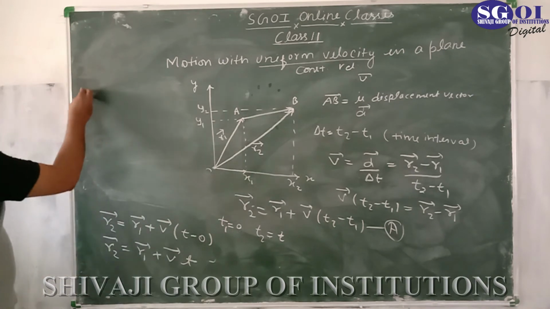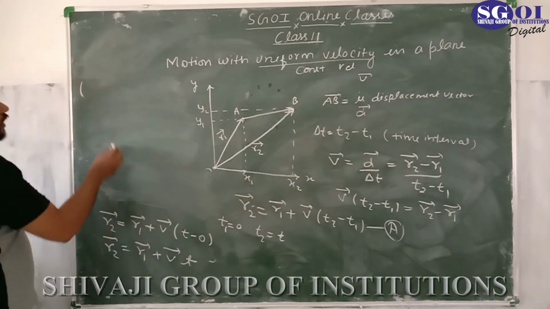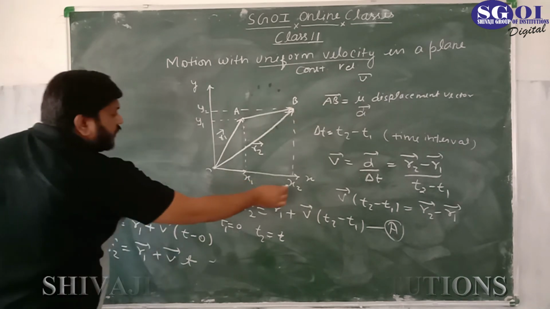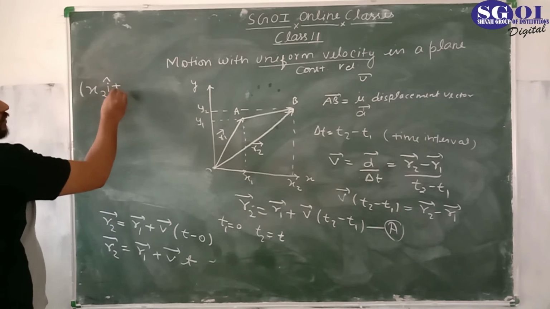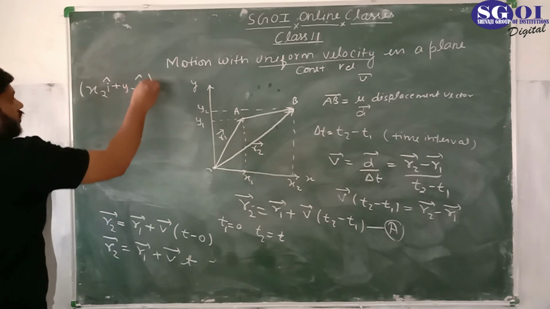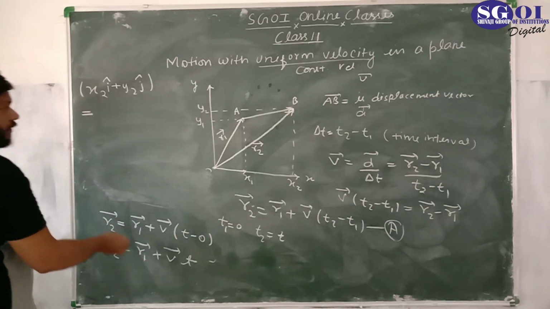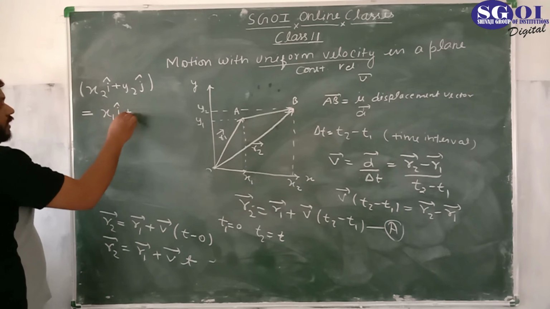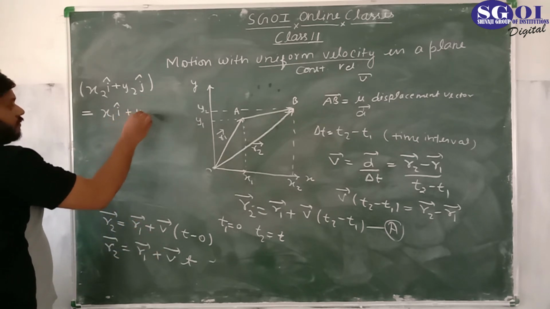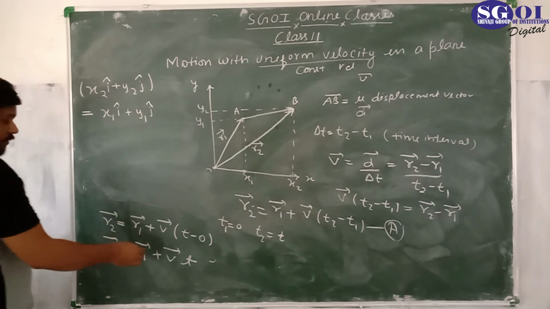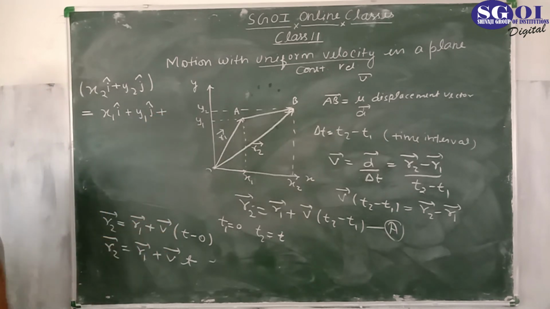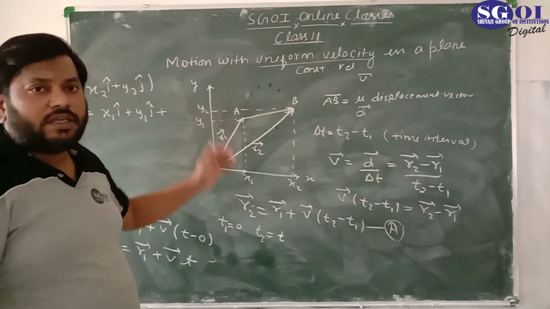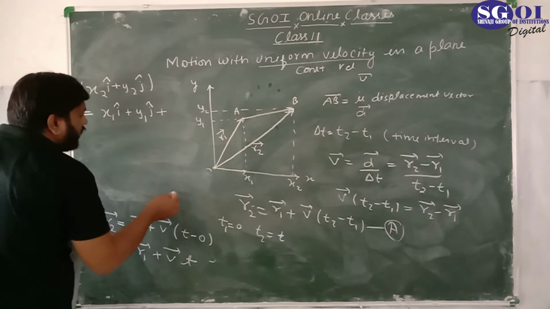The value of r2 vector is x2 i plus y2 j, equal to r1 vector, which is x1 i plus y1 j, plus the velocity v, which is moving in this direction, so it has an x component and a y component.